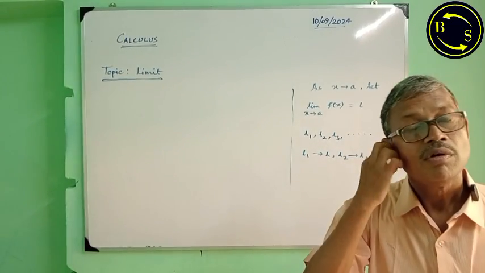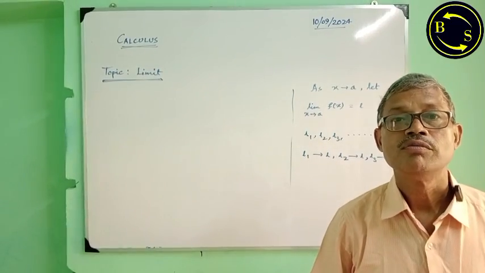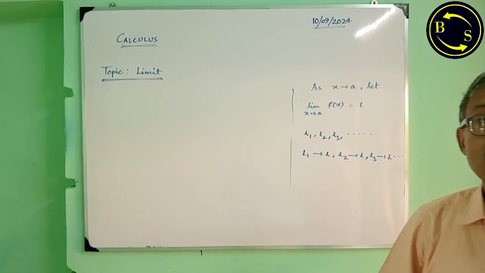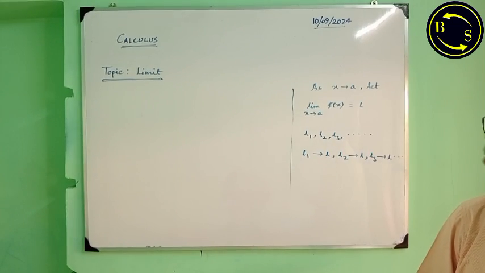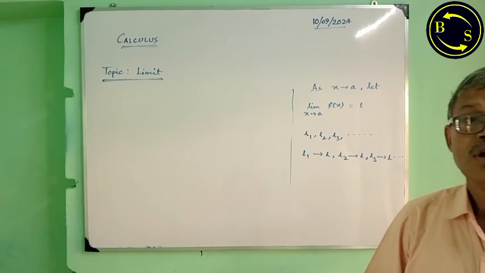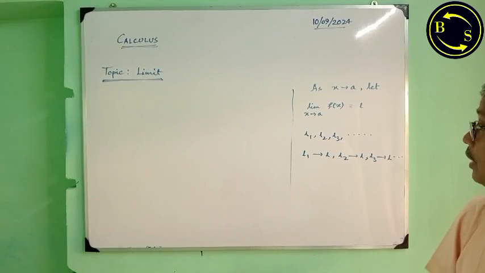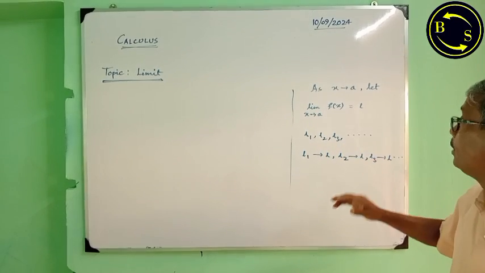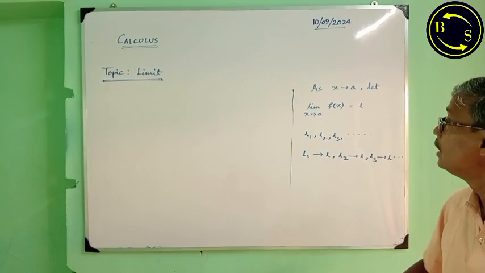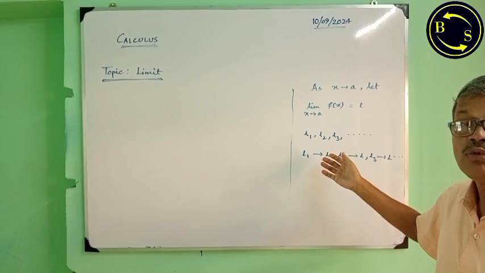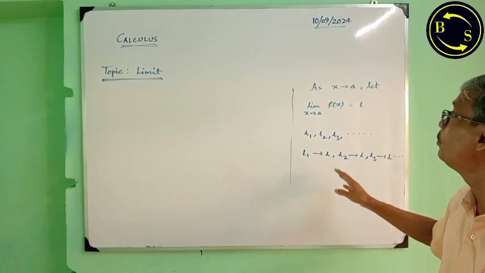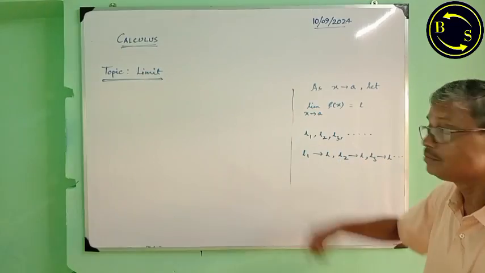Now, I am going to write down the theorems or laws of limit, and at the end part I shall discuss geometrical view as well as analytical view of this one.